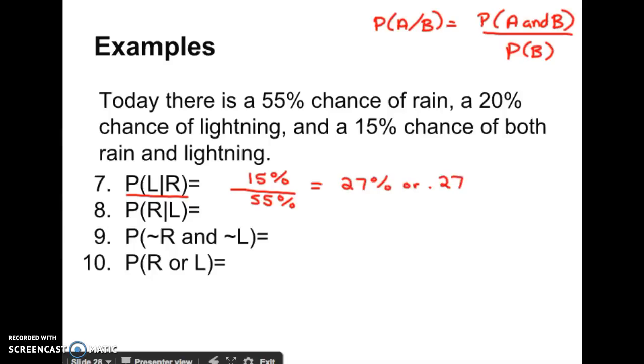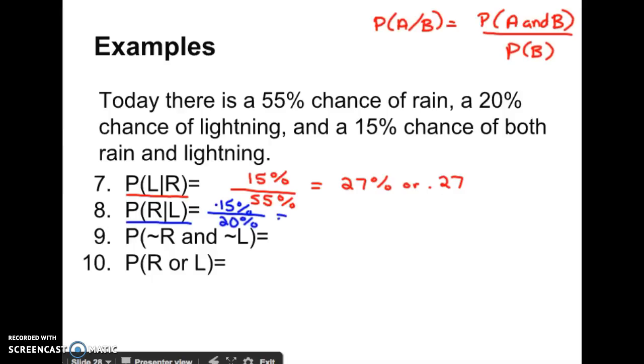Number two, kind of similar. Number two stands for what's the probability it's going to rain given that you know there's lightning. So remember, we're going to put the probability that both of them happen, so 15%. Divided by the probability of the one that was given, that it's going to lightning, which is 20%.